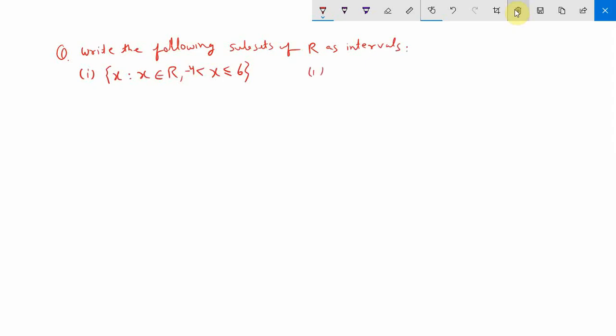Second one, {x such that x is an element of R and x is greater than or equal to 0 and less than 7}. Also, find the length of each interval.